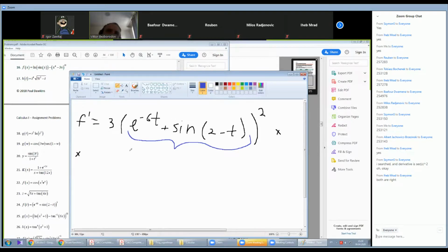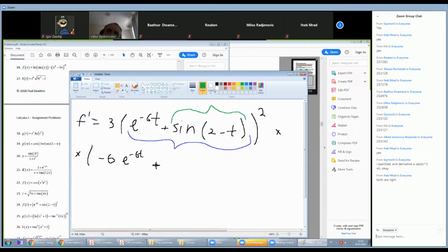Okay, so the inner function. This is going to be the derivative of the first summand, which is the derivative of the exponent, right? So it's going to be minus 6 times itself, plus. Now, sine you can itself interpret as a composite function, sine of this thing, and this is a separate function.